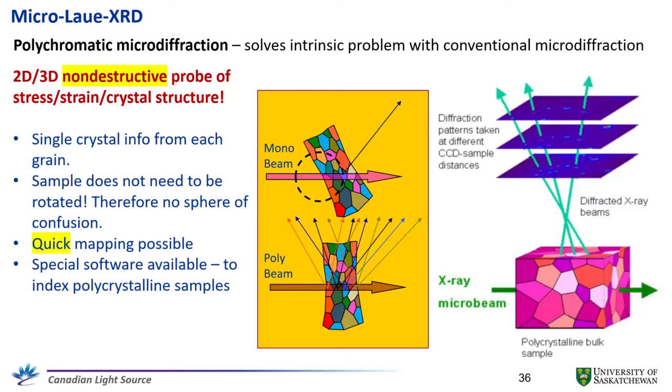One method is to move the detector to a different distance, and then you can track which direction the beam comes from and backtrace it into the sample. When you do that, you can analyze the orientation of individual grains within a material in three dimensions.